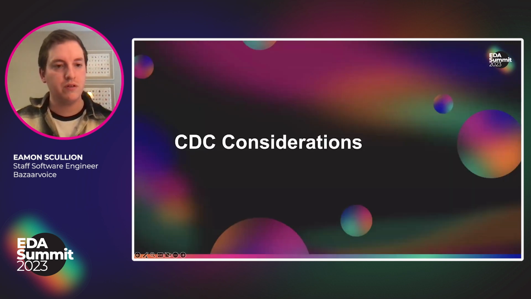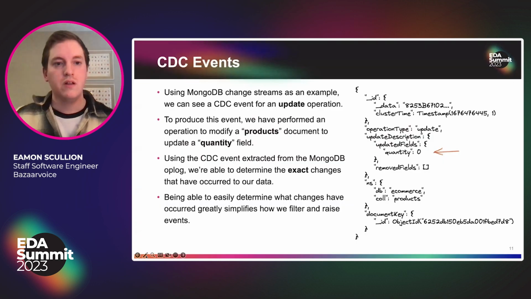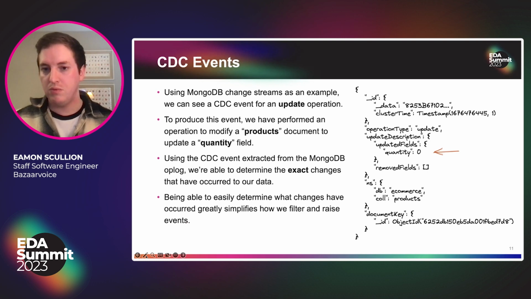So what are some considerations to think about when we're designing or implementing a change data capture system? Using MongoDB change streams as an example, we can see a CDC event for an update operation. On the right, we can see the operation type is an update. We can see the exact updated fields that have been changed.